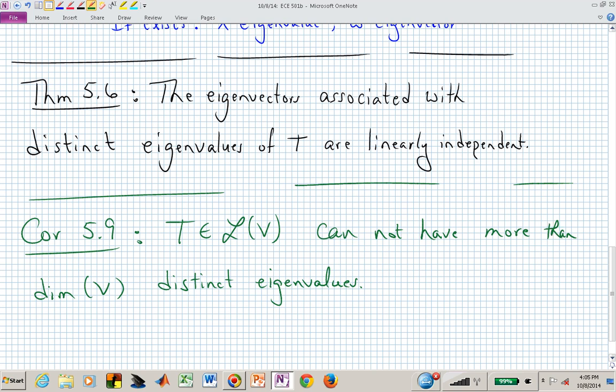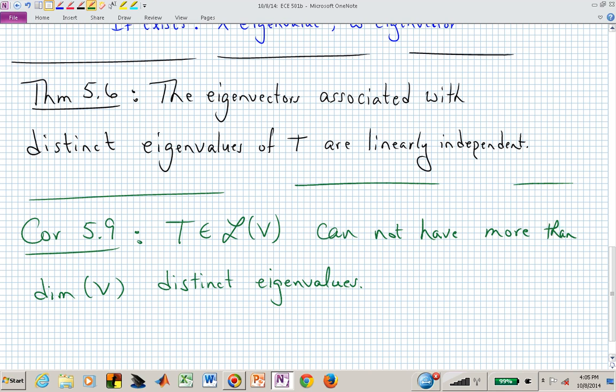If you have a 10-dimensional vector space V and a linear map on that vector space, the linear map can have no more than 10 distinct eigenvalues. You can't have 11, you can't have 12.